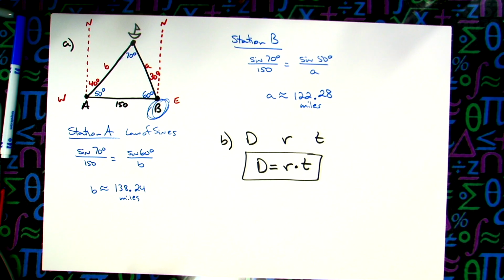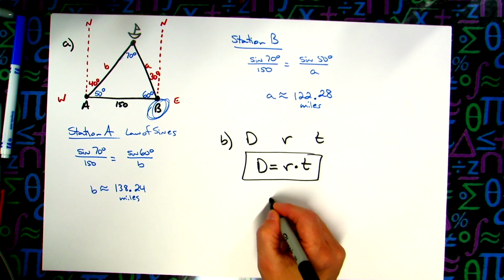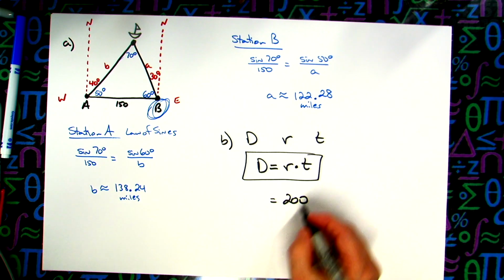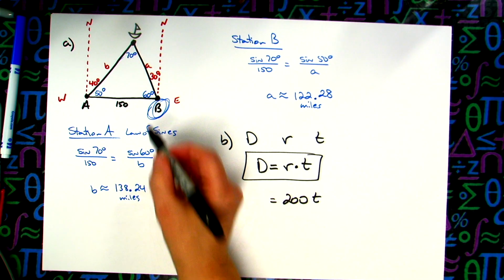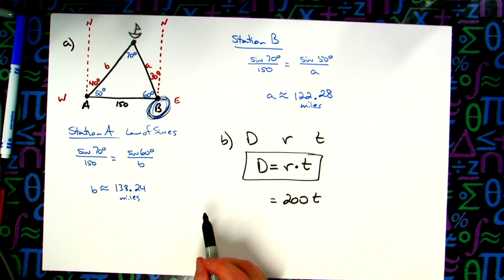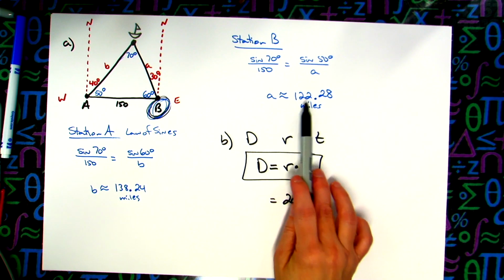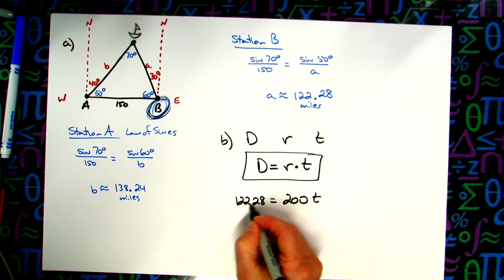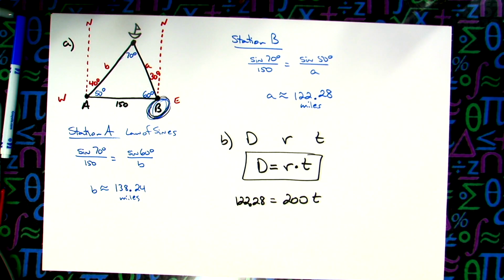All right, because we know those things. All right, so which ones do we need? No, he's going 200 miles per hour, so that's my rate. They're asking for time, and we said the distance for B is the 122.28. All right, one-step equation.